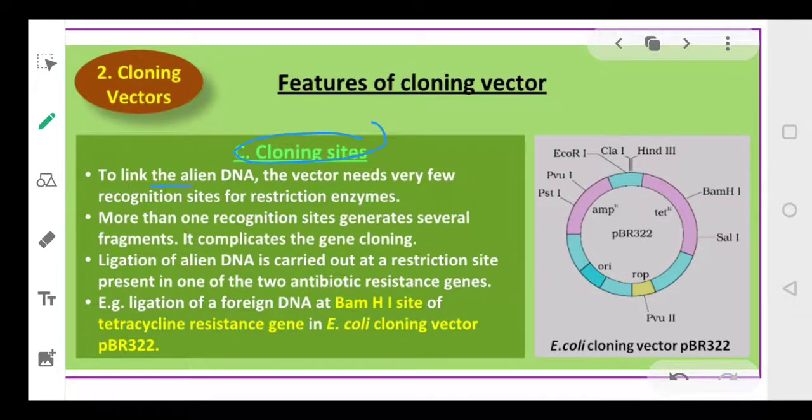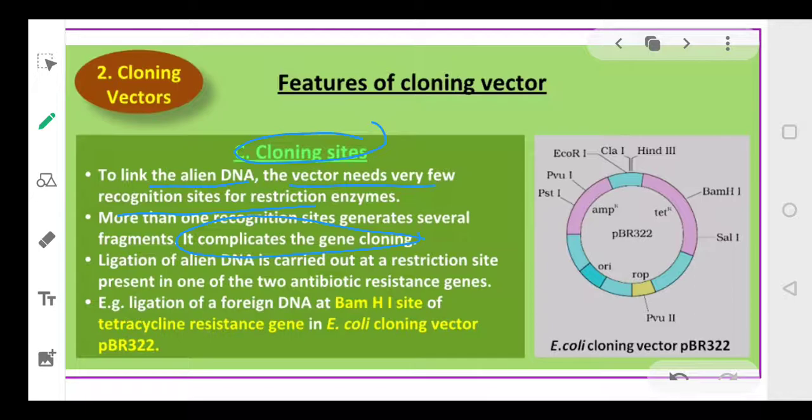So if you want to link the DNA, if you want to insert the foreign DNA, then the vector needs very few restriction sites. तो क्लोनिंग जो आपका ऑर्गेनिज्म है, वैक्टर है, उसके अंदर few selected recognition sites must be there. Only, okay, if possible, very few recognition sites must be present. If there is more than one recognition site, right, then it will generate several fragments and that will complicate our process.